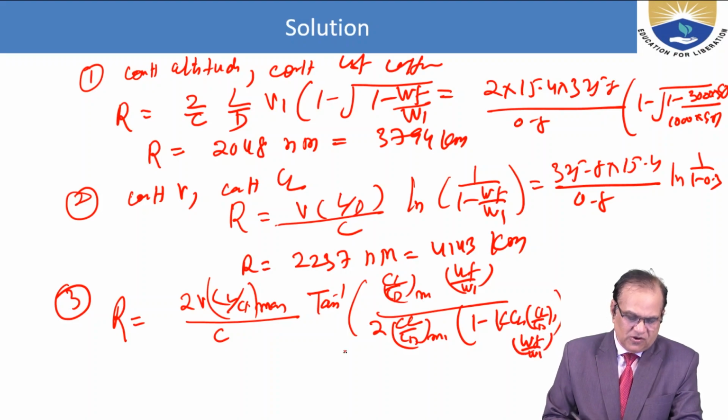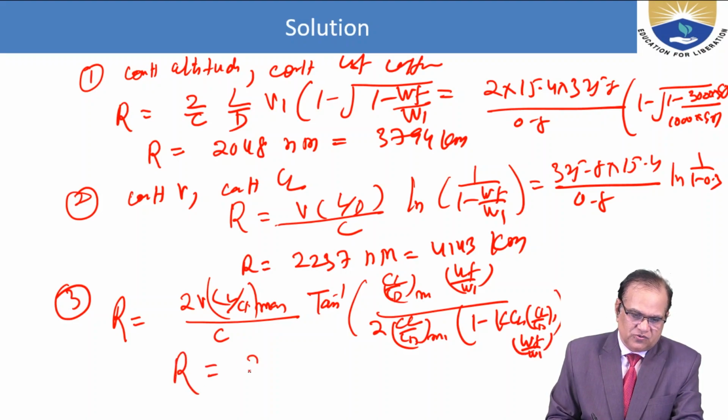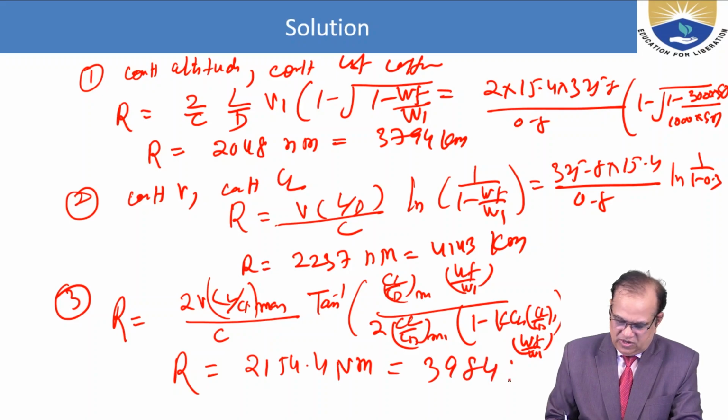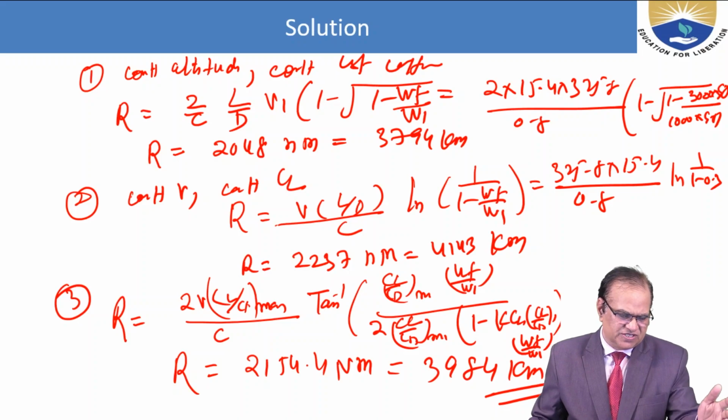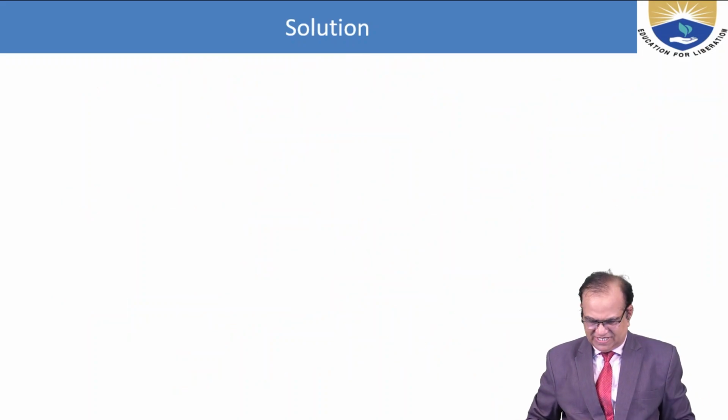So if you calculate this and put, you will get R is equal to 2151.4 nautical miles or 3984 kilometers. Okay, so these are the things which we can further see.